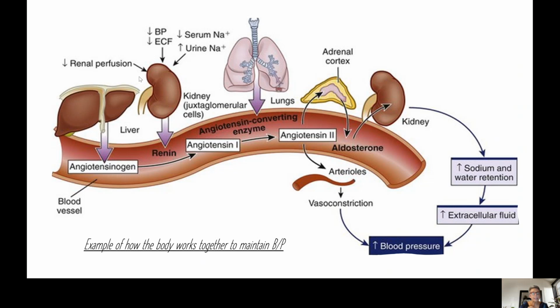So those are the ACE. Remember, for blood pressures, you think of ACE inhibitors. What the ACE inhibitor does is prevent the conversion of angiotensin 1 to angiotensin 2.